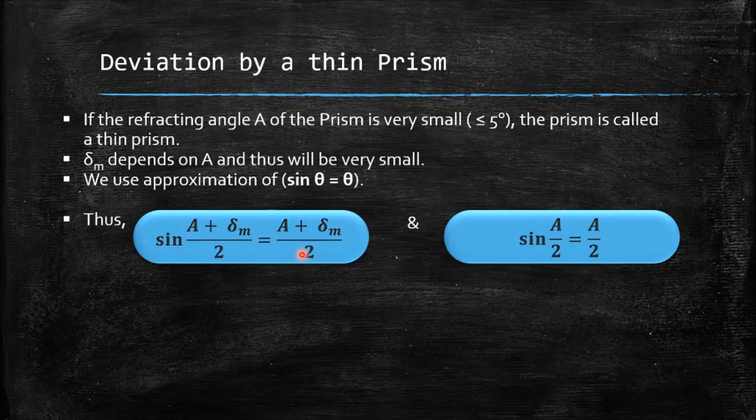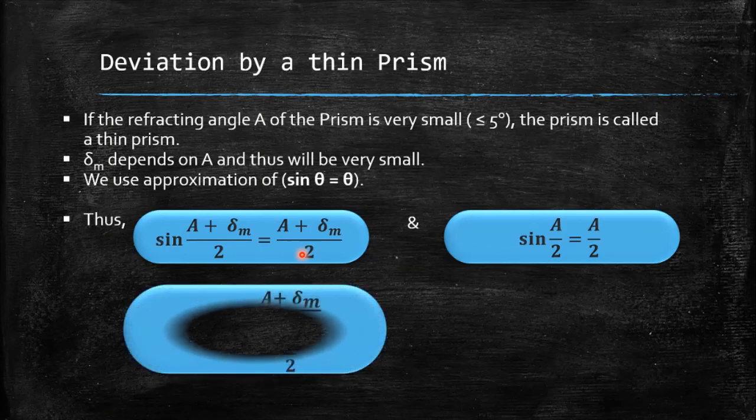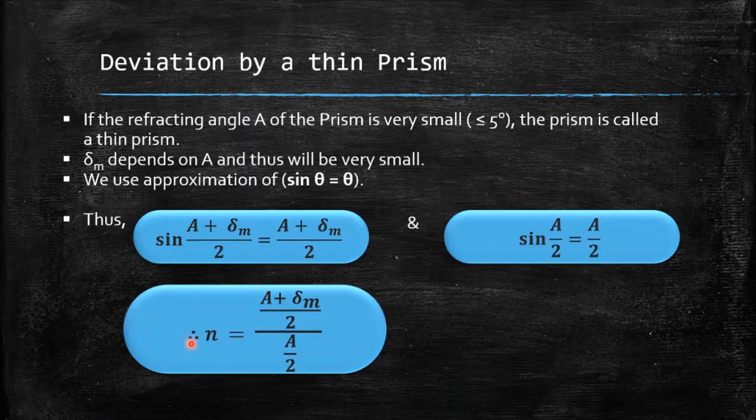Do you recollect which formula I am trying to put you to? Absolutely, that is the formula of finding the refractive index of the prism, right? So, I can simply write n as (A plus delta M) by 2 upon A by 2.